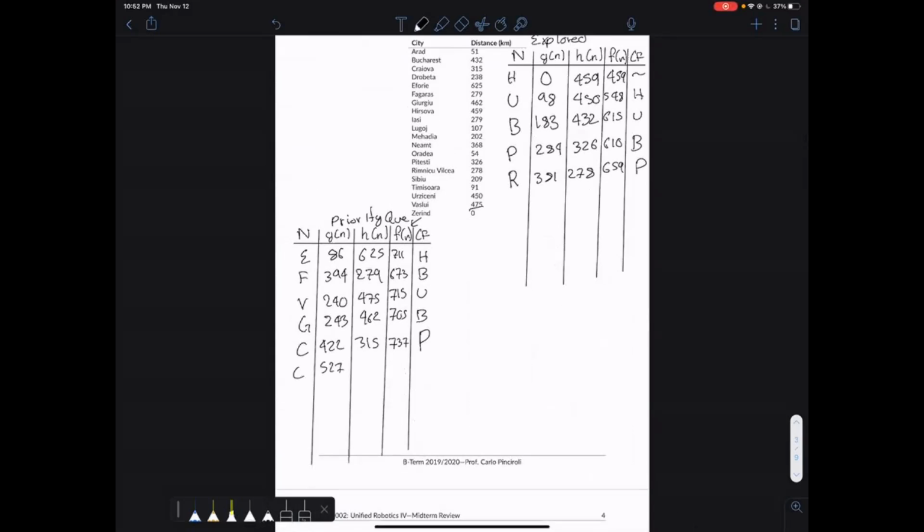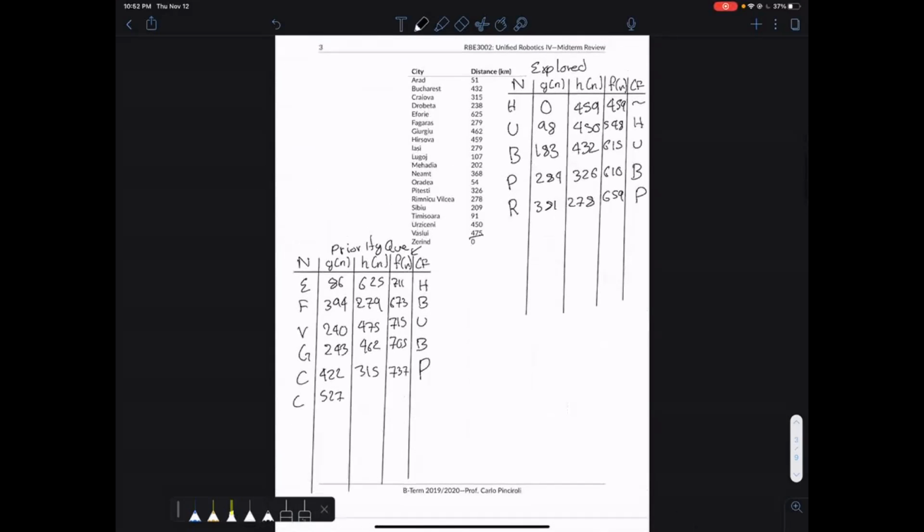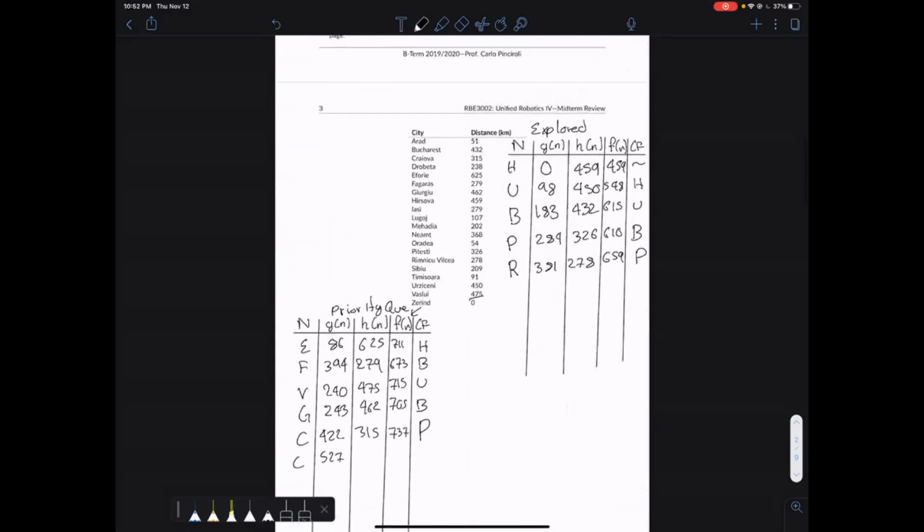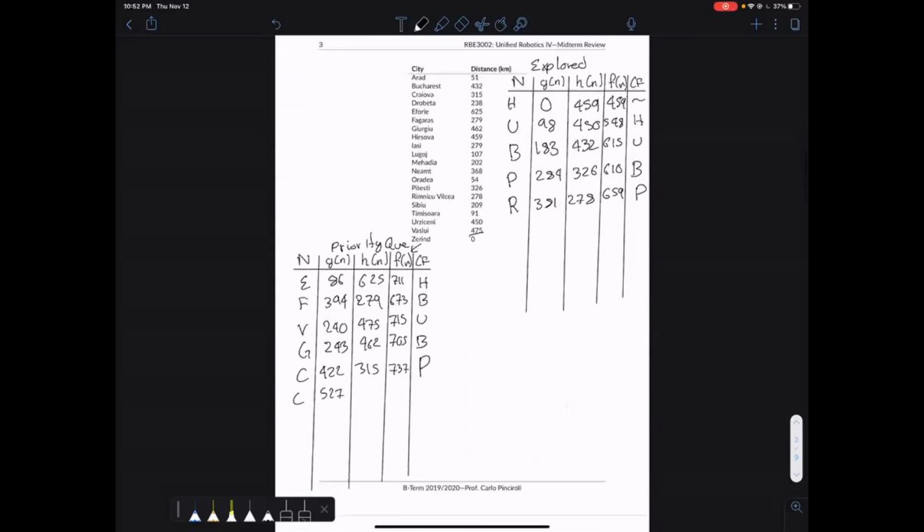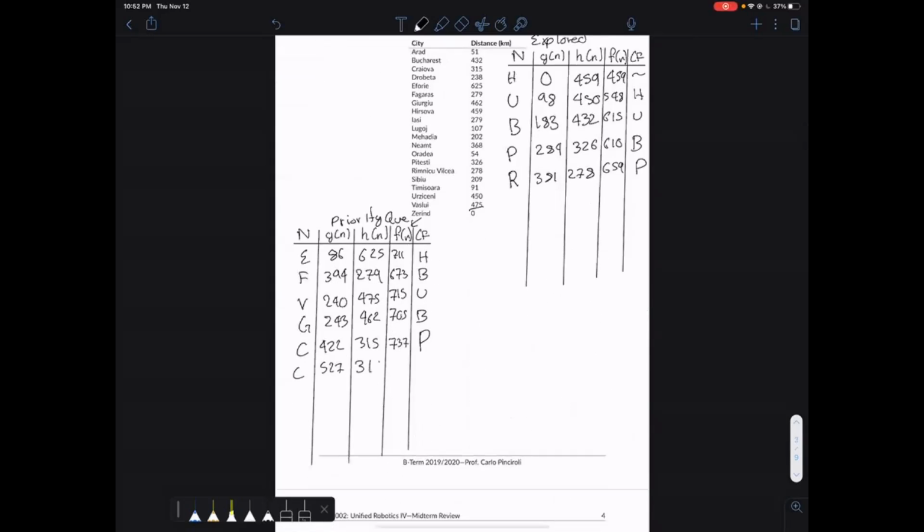So I'm going to put C in twice here. This is just so we can understand what's going on, but keep in mind that it's only ever going to end up here once. We're going to take out one of these in a second. Our same H of N cost, and this came from node R. So now the question is, which one of these do we keep? And the answer is always the one with the lowest cost. So if our f of n for this node C is lower than the f of n for this node C, so if node C from R versus node C from P, we would keep the one with the lower cost.